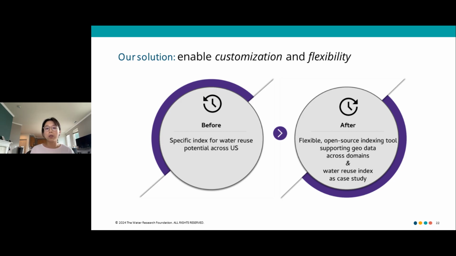The key really was customization and flexibility. So customization happened on two levels. From the index creator's perspective, they could easily change the organization of different variables and relabel them accordingly, whether it be water reuse drivers, or any sort of subject that they're interested in.